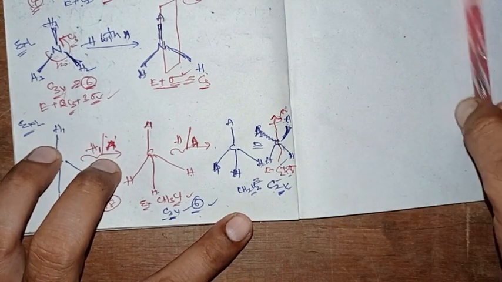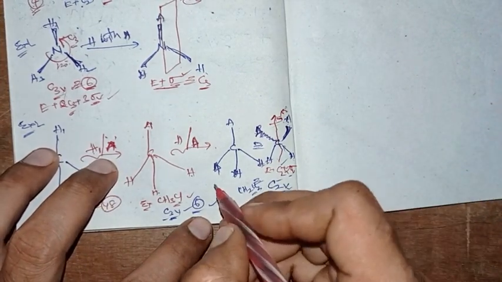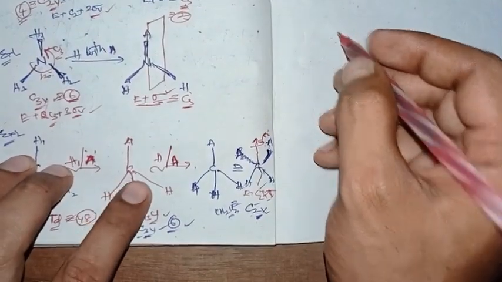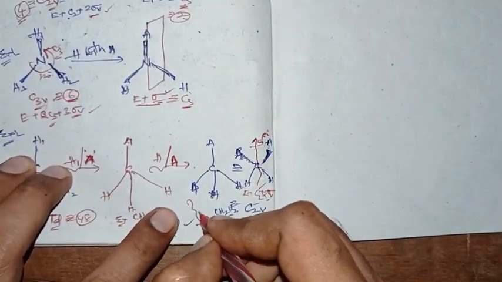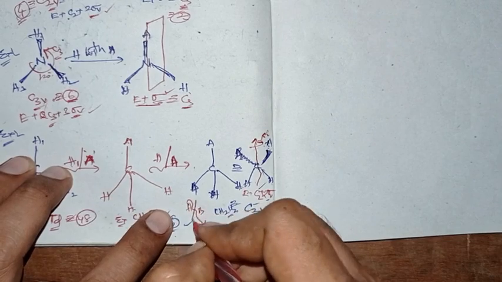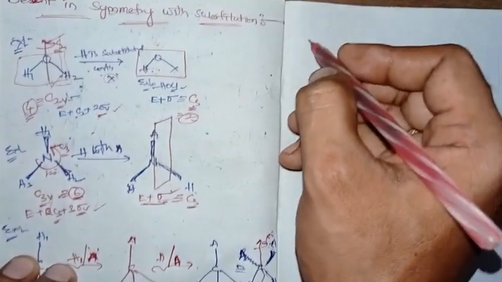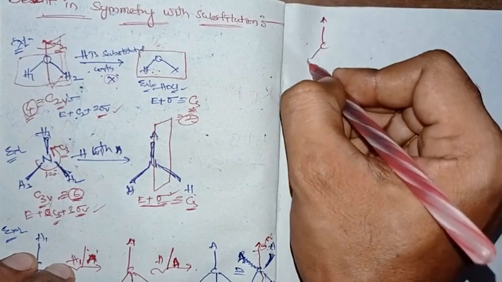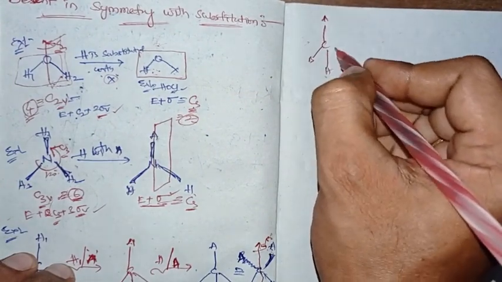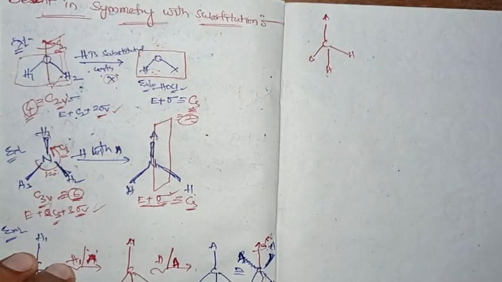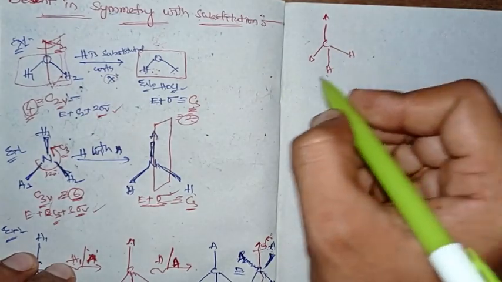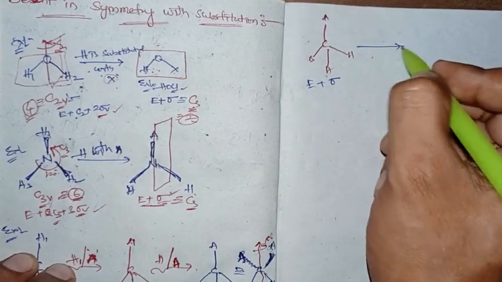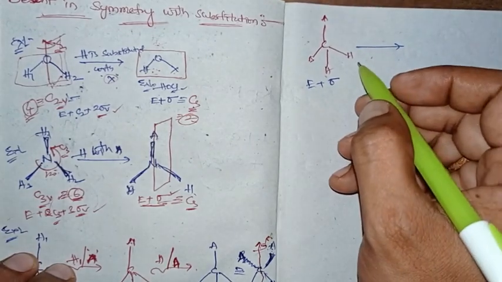Otherwise, when we make a substitution of H by B, it results in A, B, H, H. In this case, there is only a plane of symmetry, and no more rotational axis is possible.